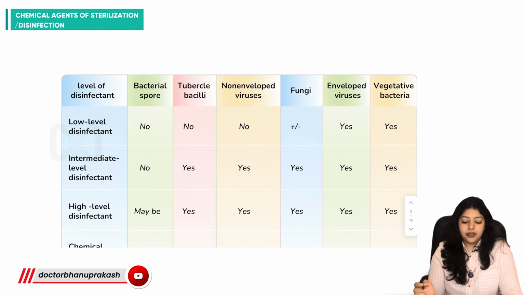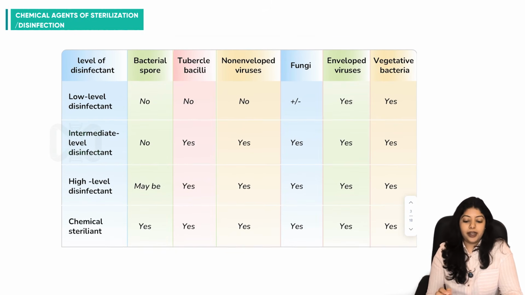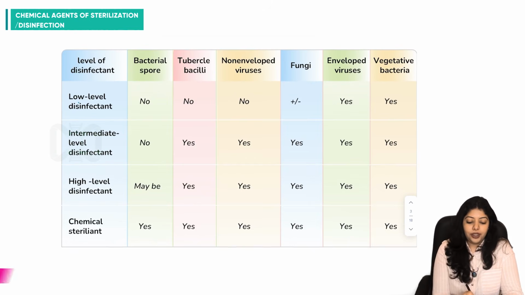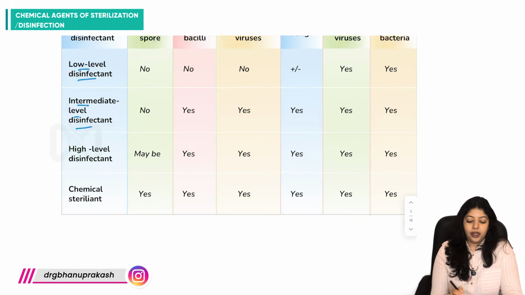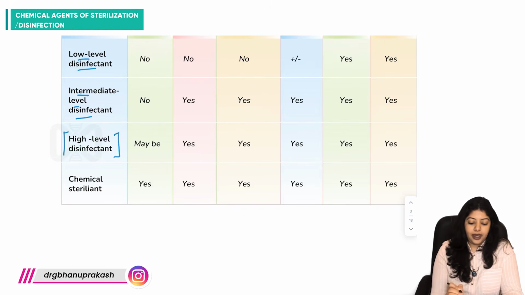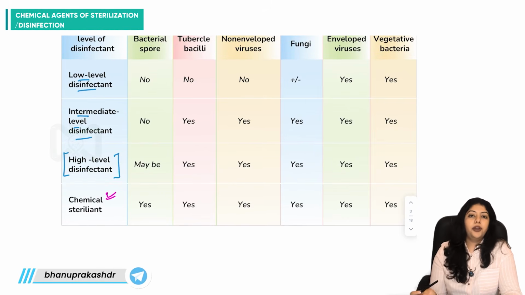So firstly, let us discuss the levels of disinfectants. We have 4 categories, which include firstly low-level disinfectants, then intermediate level disinfectants, high-level disinfectants, and lastly, chemical sterilants. So what are the differences between all these disinfectants and what is their spectrum of activity?